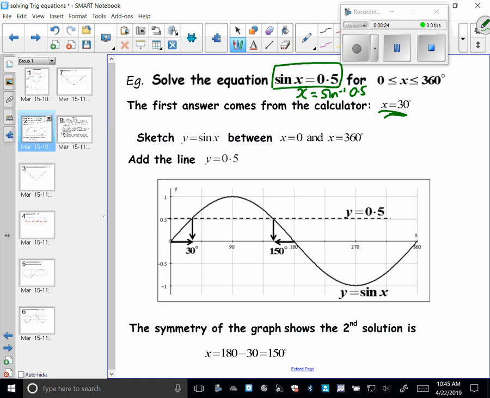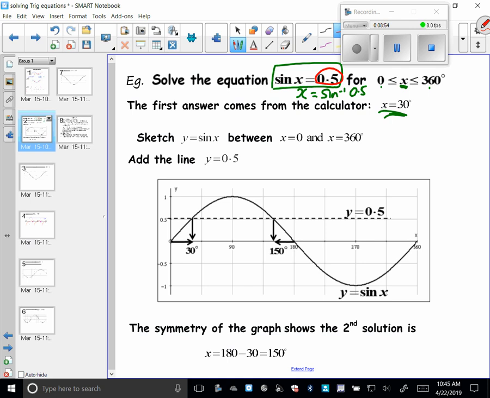However, they have specified that they want all values between 0 and 360. So we have to ask ourselves what that means. There must be more than one solution. So we look at our graph between 0 and 360. They are trying to say which values of x give us the answer of 0.5.